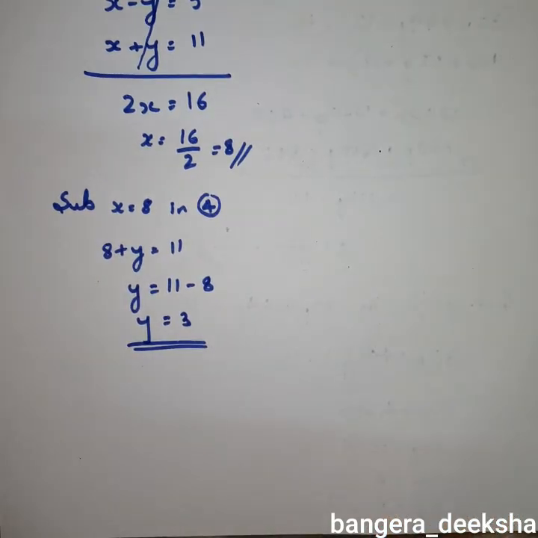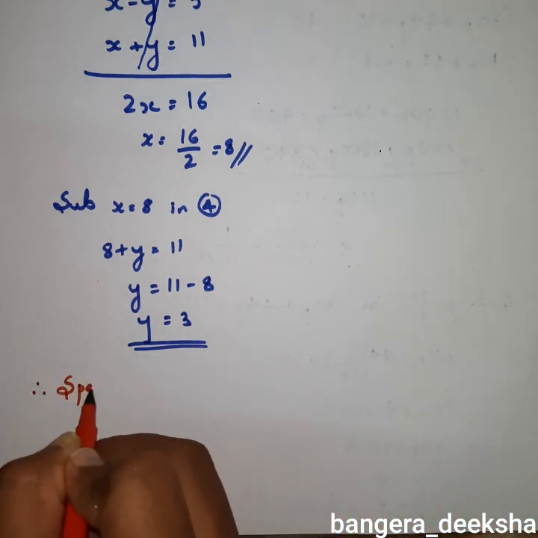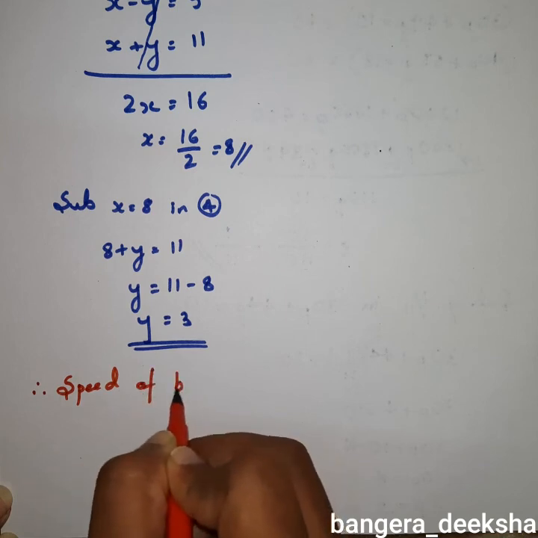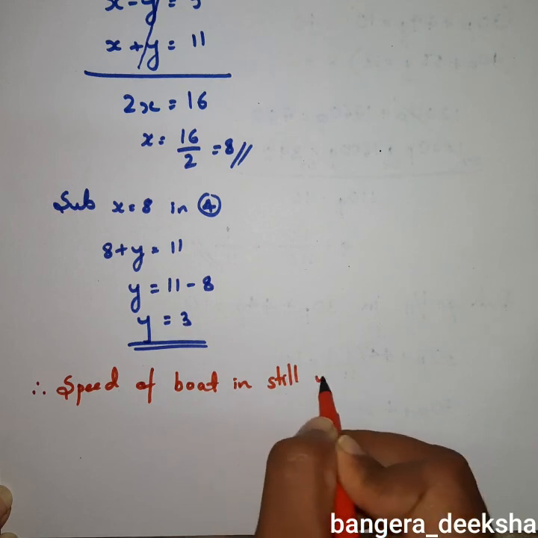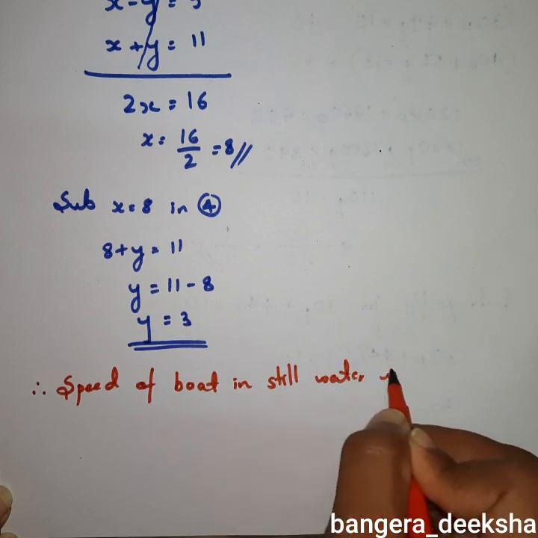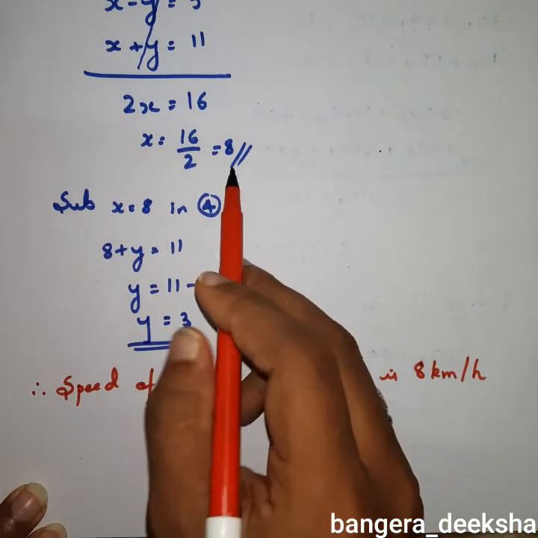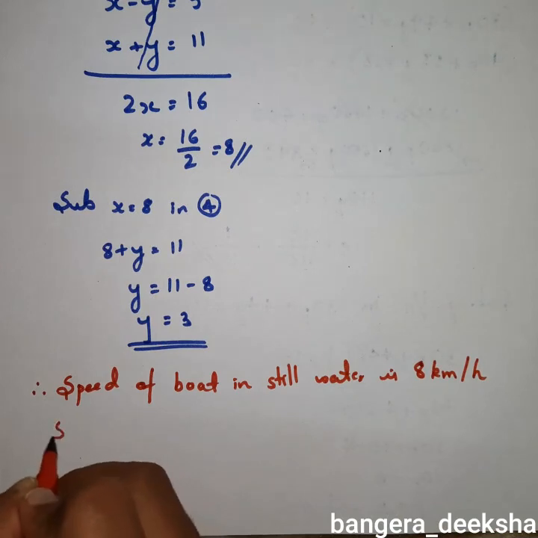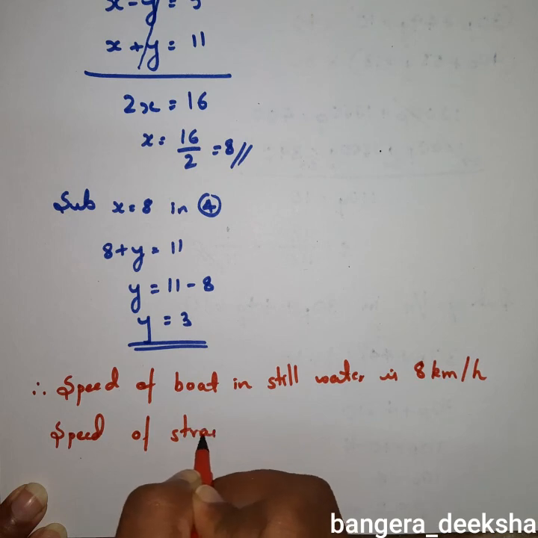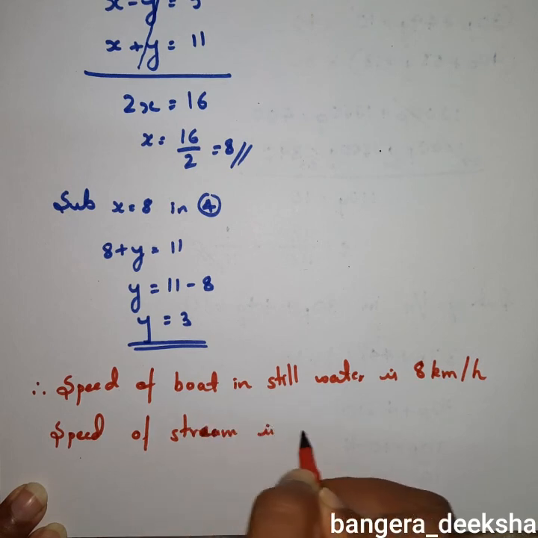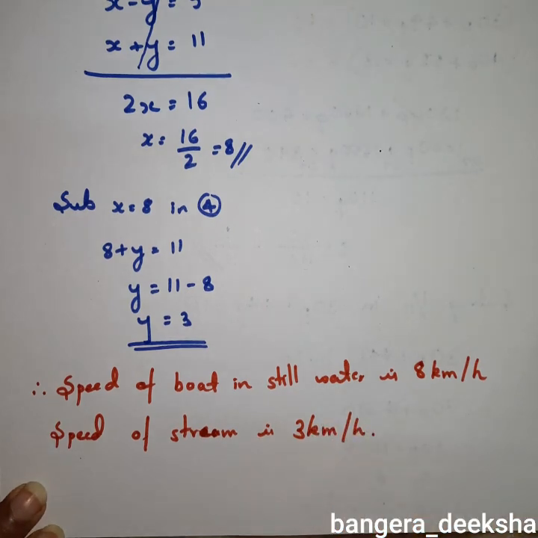We can write, therefore, the speed of the boat in still water is 8 kilometers per hour. That is the value of x. Similarly, the speed of the stream is 3 kilometers per hour. So that is the solution.